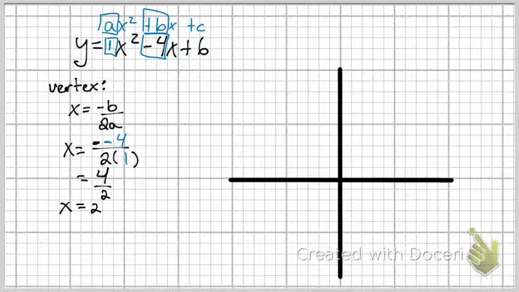So there's our x value. Now what we're going to do is take our equation, y is equal to x squared minus 4x plus 6, and replace each of the x's with positive 2, which was the answer we found when we started to find the vertex.